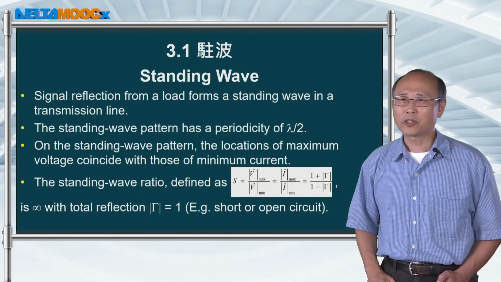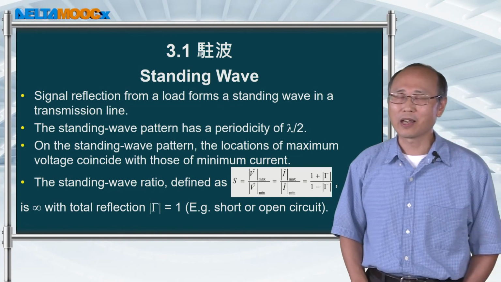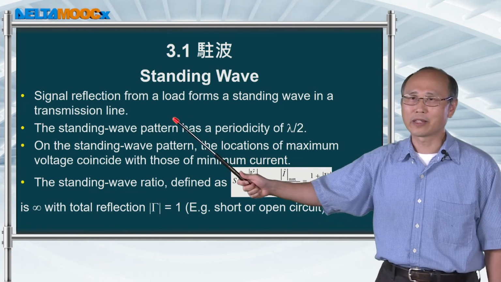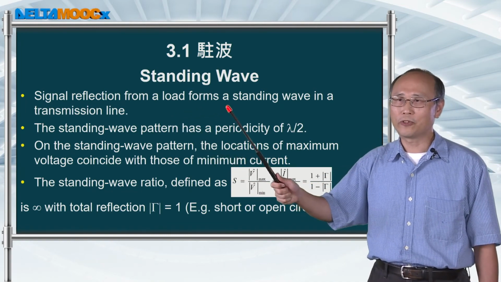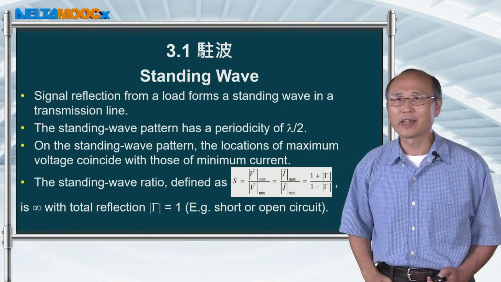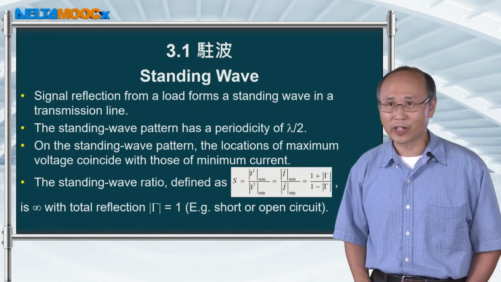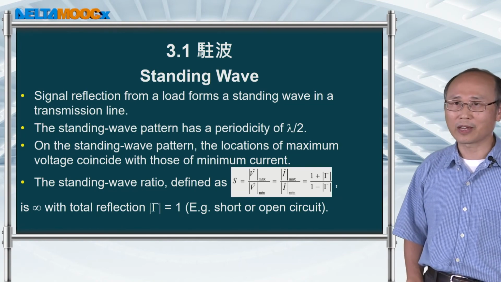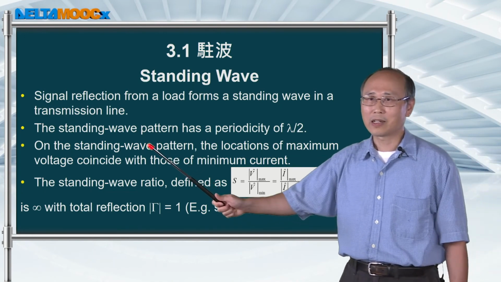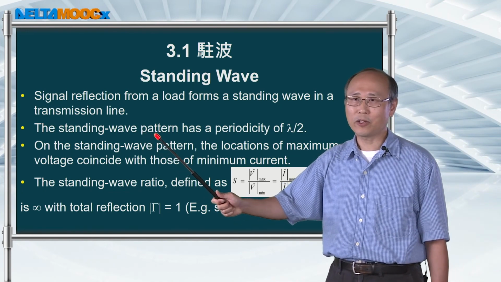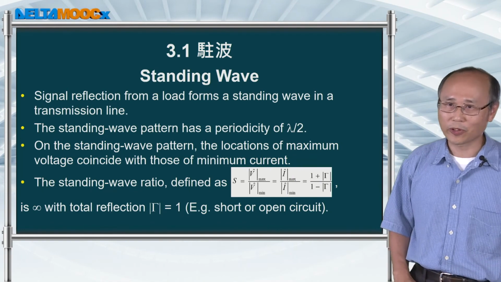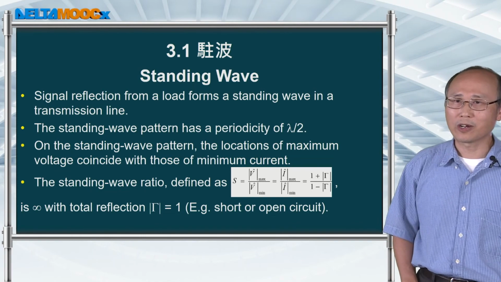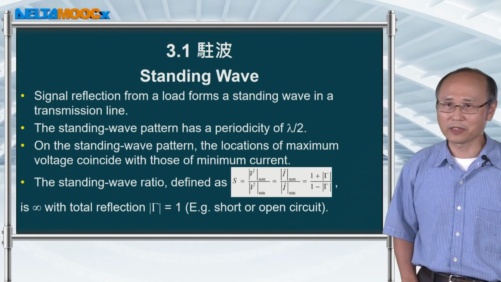Now, I want to give you a little bit of review on what I have told you in this session. Number one, the signal reflection from a load forms a standing wave in the transmission line. I want to emphasize this several times throughout this lecture, because this is quite fundamental for this topic. Everybody knows that the standing wave pattern has a periodicity of half a wavelength, and this half wavelength turns out to be also the period of the transmission line properties.